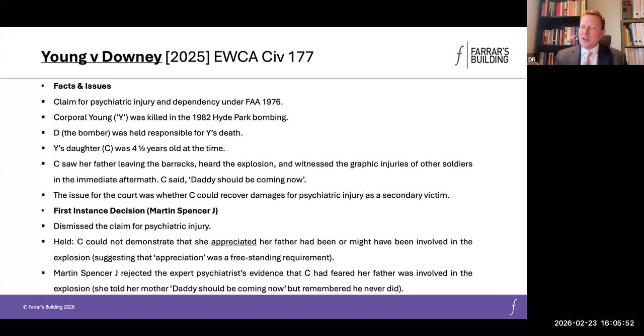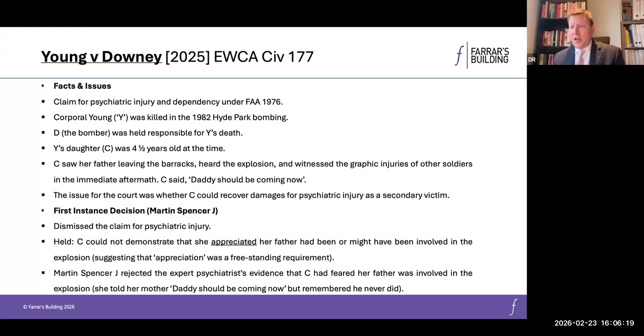And at first instance, the High Court judge held that an essential ingredient of that type of claim, one of the control mechanisms in secondary victims' claims, hadn't been satisfied. Namely that the claimant couldn't be said to have witnessed the incident or the aftermath if she had not appreciated and fully understood that her father had been or might have been involved in the explosion.